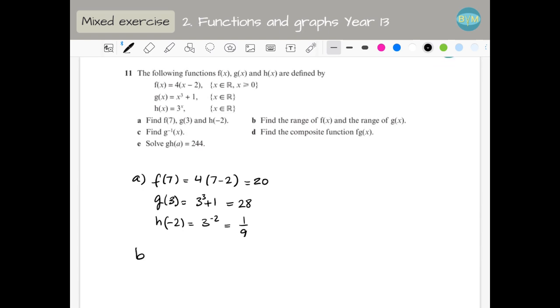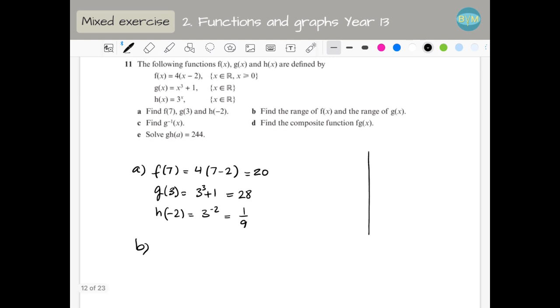Then for b, we have to find the range of f(x) and the range of g(x). The range of f(x) is a straight line, yeah? It's 4x minus 8, so positive gradient, and the y-intercept is minus 8, but they say when x is greater or equal than 0, so the domain is x greater or equal than 0.